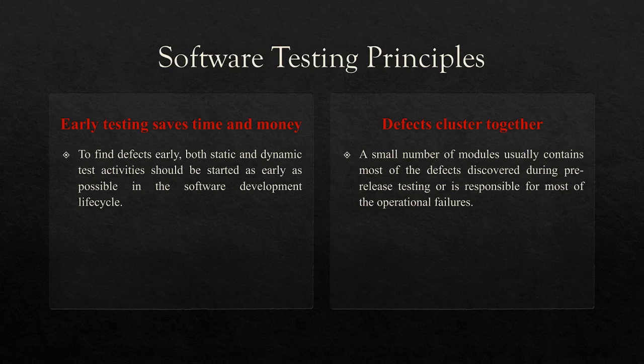In the software industry, we generally follow this 80-20 principle, where we understand that 80% of the bugs will be present in 20% of the application. So we have to figure out the core 20% part of the application where we generally find all these 80% of bugs.